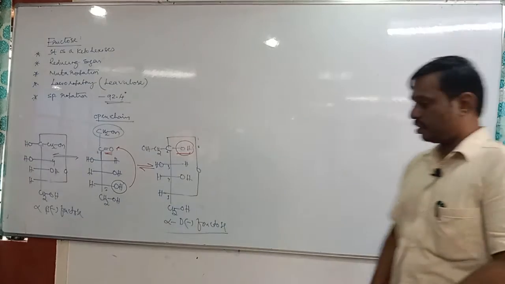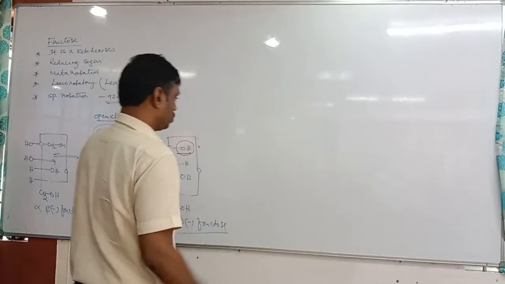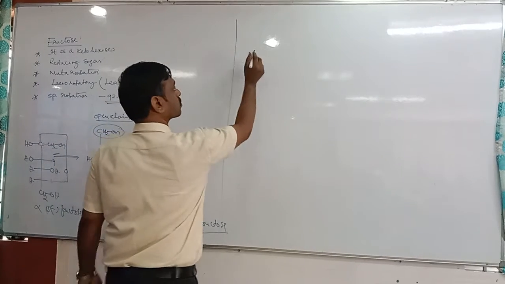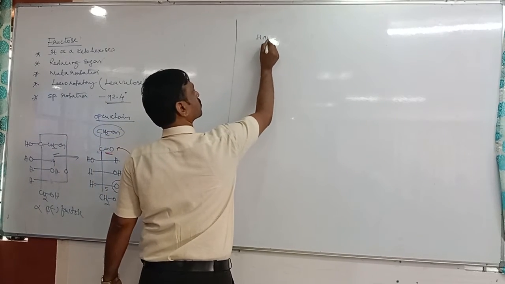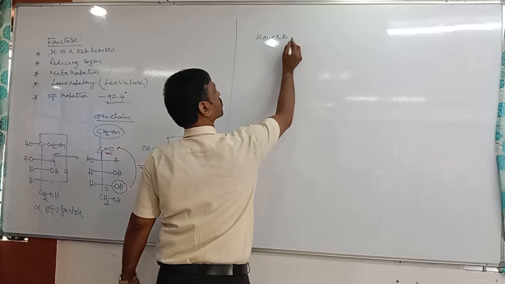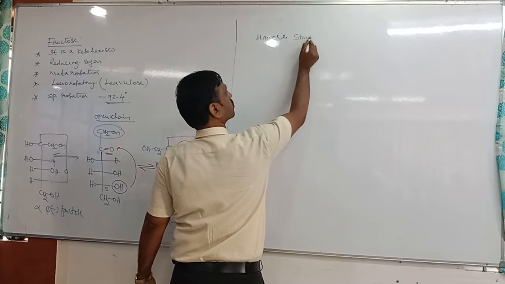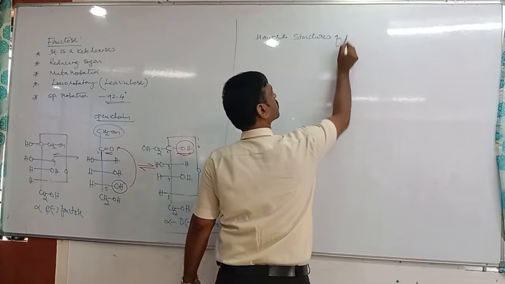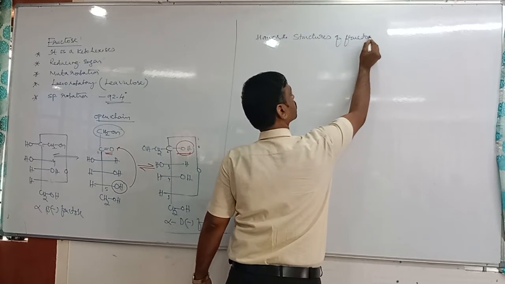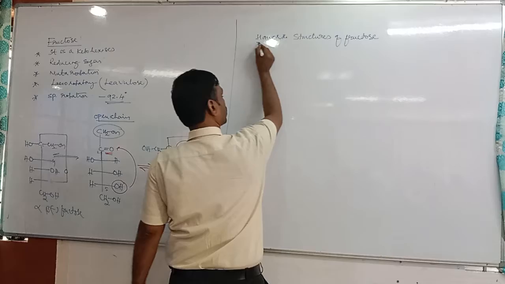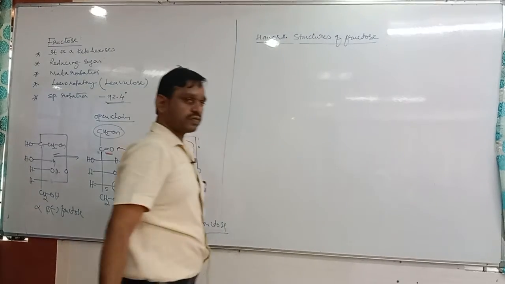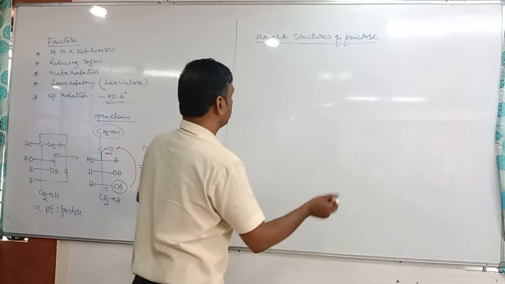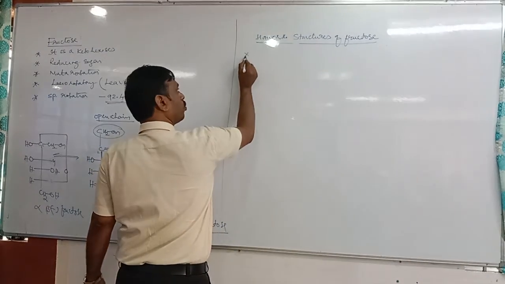Next, write the Haworth structures of fructose. To write the Haworth structures, we need to remember two important points.